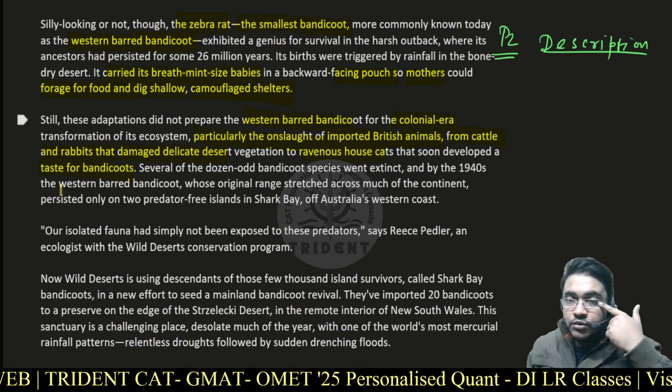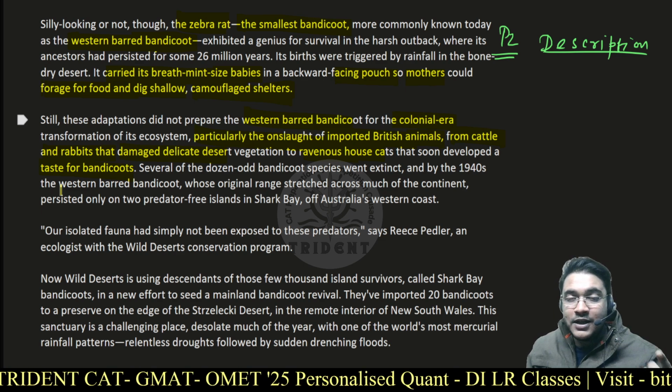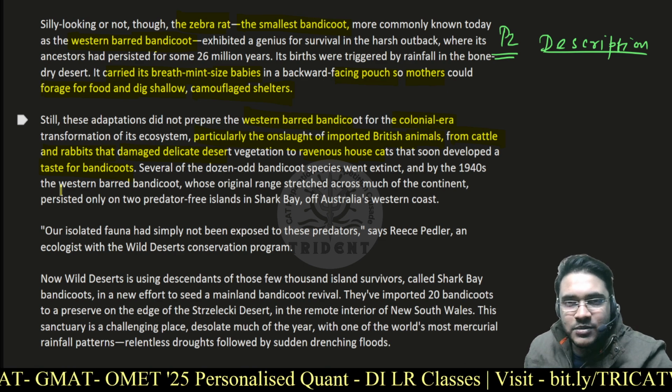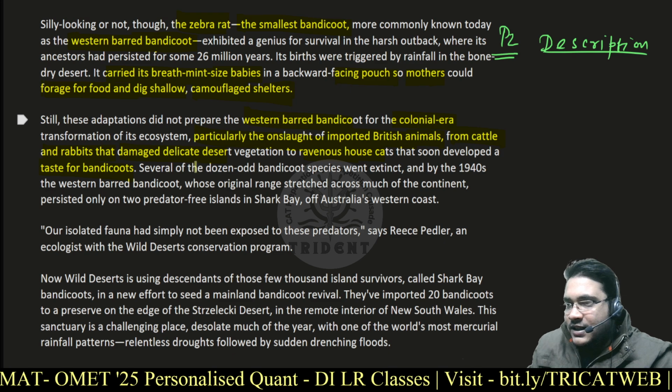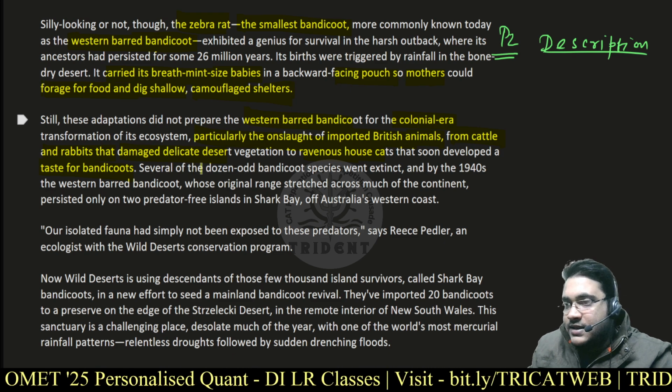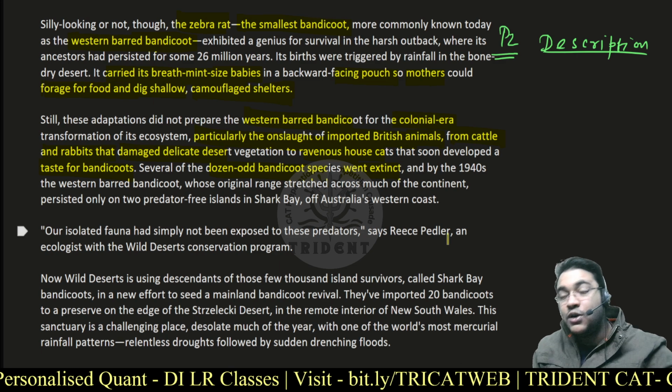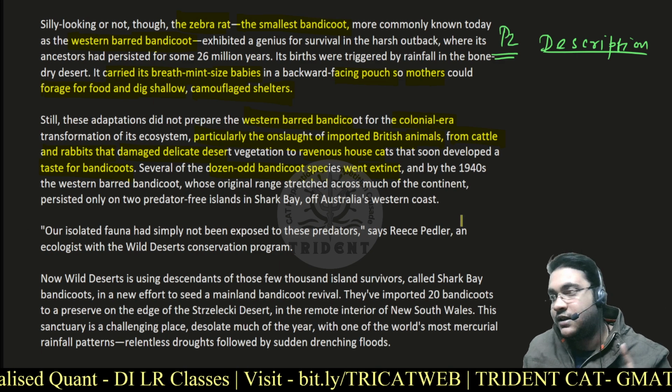So maybe you are understanding where this passage is going. They're going into the territory of extinction or something like that, right? And indeed, in the next line itself, they're saying several of the dozen odd bandicoot species went extinct because of this external factor, I guess.